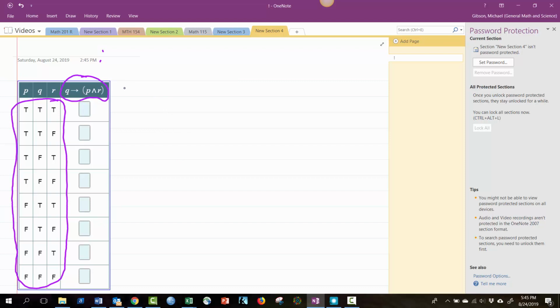So what we need to do then is make a column for each piece of this. All right, so our first column, we'll do what's in the parentheses first. So P and R, right? So let's draw this across here.